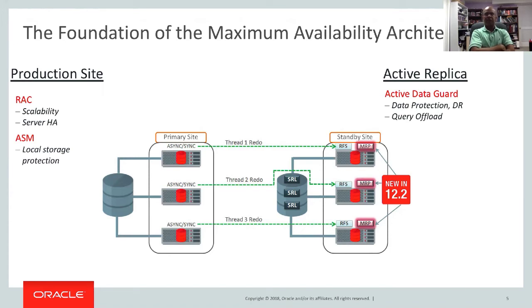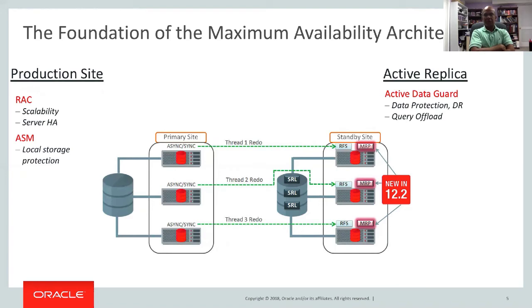Max availability was our first step up to zero data loss, saying, okay, I'm going to ship synchronously, so the standby shouldn't be too far away because I don't want too much impact on my production database. But when I fail over, as long as the network and the standby stayed up and the primary site went down in a heap, I can go to that standby and say fail over, and I know I've got zero data loss.